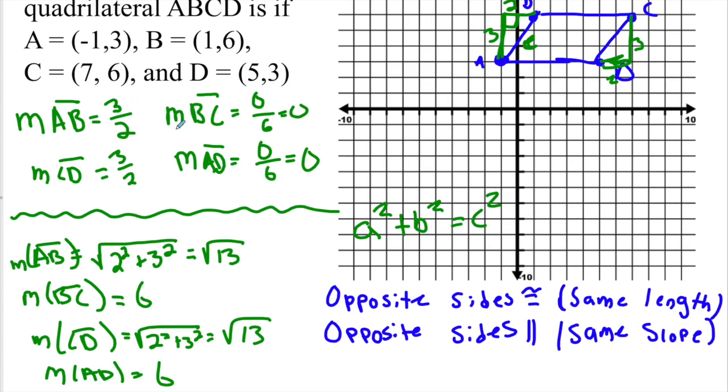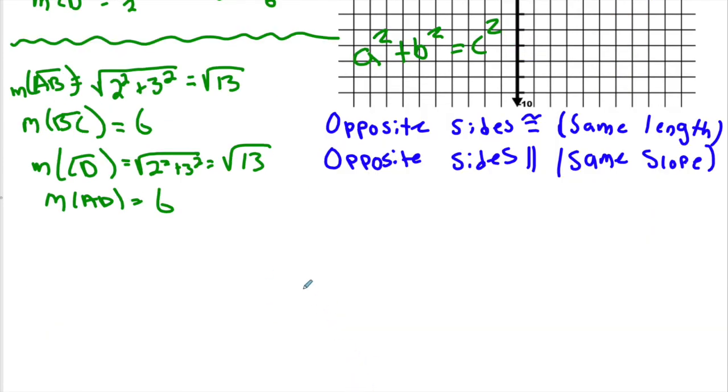Yep. Okay, A, B, C, D. Yep, you got the slope. Okay, I can confirm that. Work looks like it agrees. Okay? And so, therefore, it is a parallelogram. So if I ask you to show it's a parallelogram, you're good.